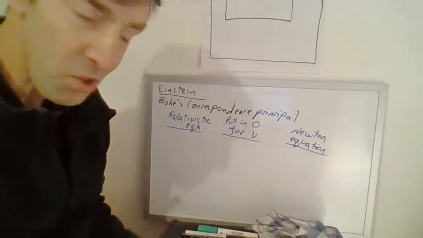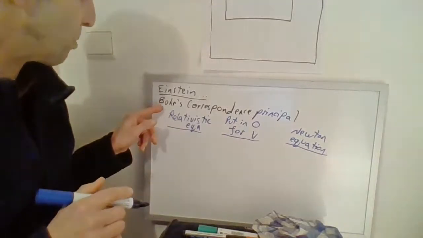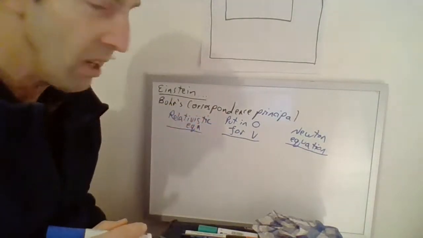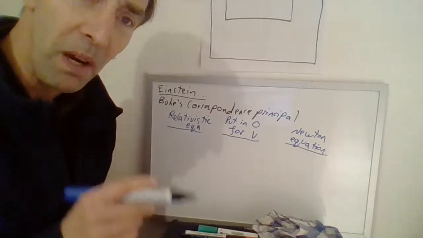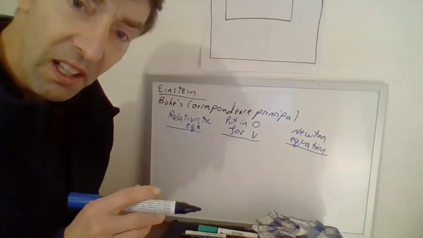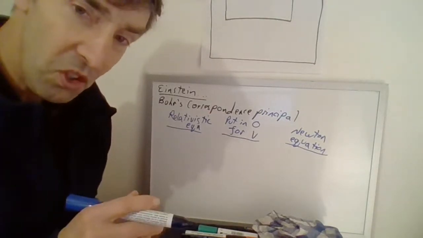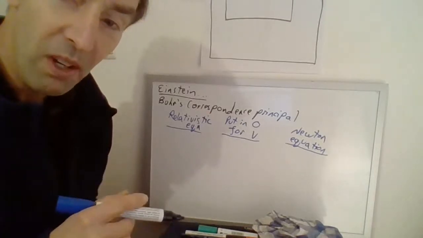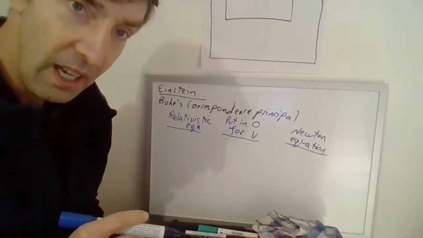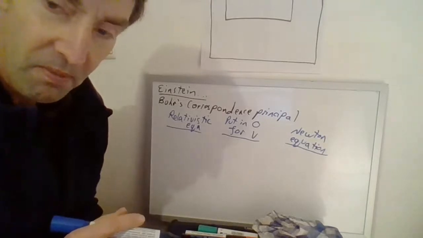While you're joining us, I'm just going to say that we're going to finish up with Bohr's correspondence principle. Remember last time we talked about Bohr saying, if an old theory works, then a new theory better incorporate the old theory, or else we have to throw out the old theory.